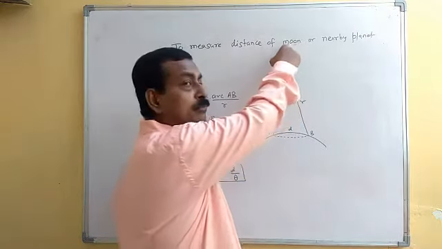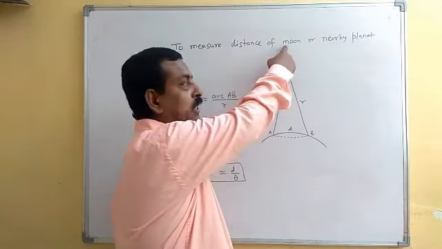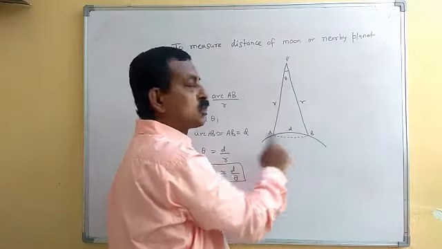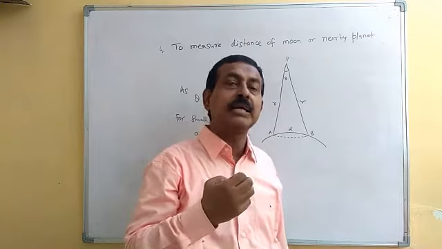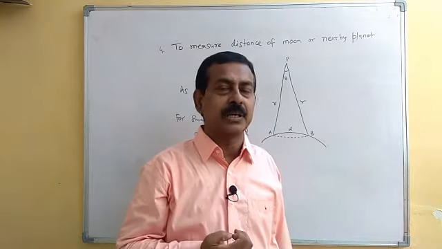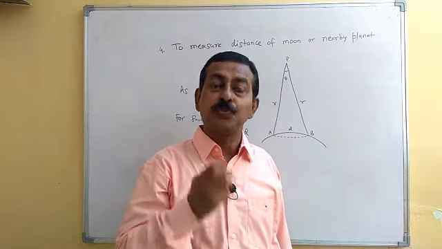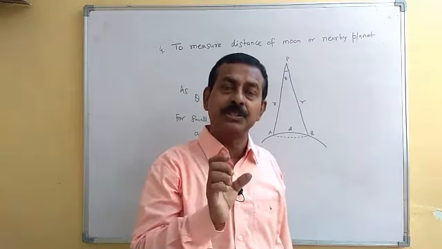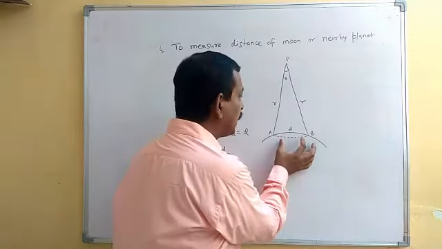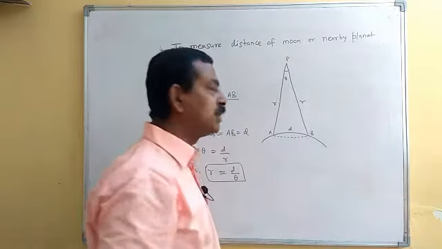If I take observation for this particular point, the angle will be small. And if the angle is small, in that case, we cannot measure it very accurately. So for that, we want the angle to be large. So what can we do? We can increase the separation between A and B.